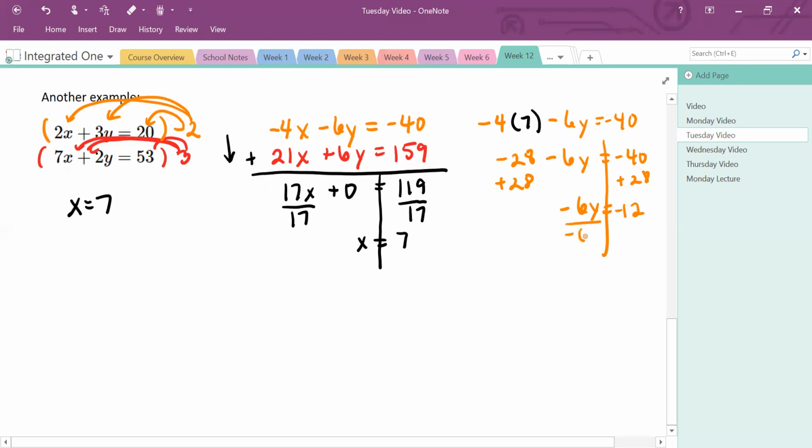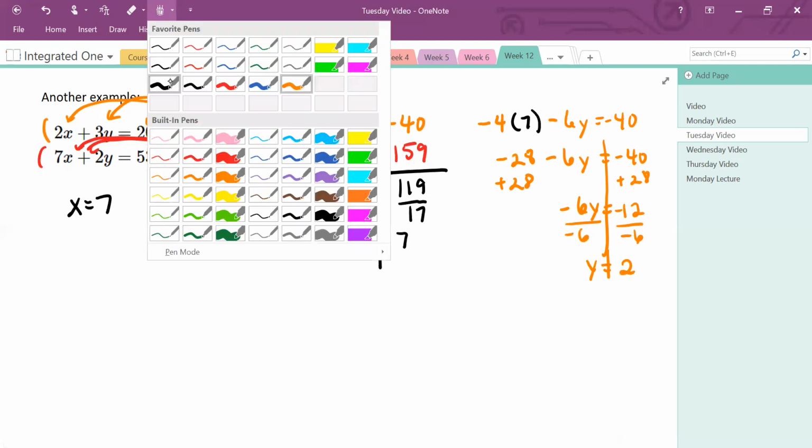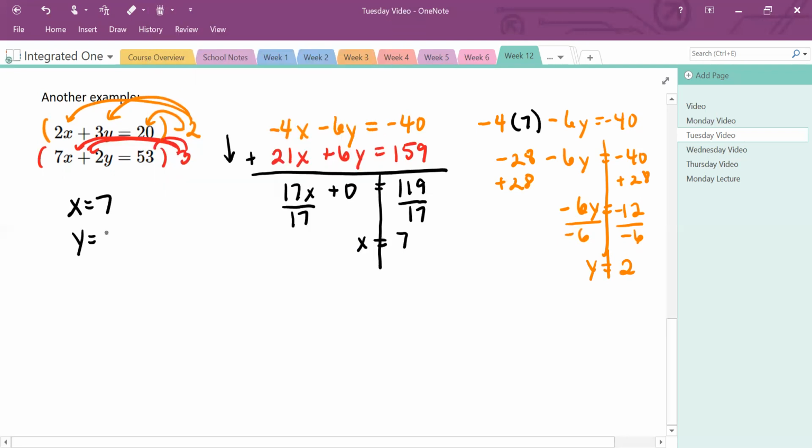Then I'm going to divide both sides by negative 6. y is equal to positive 2. So there's the other part of my solution: x is equal to 7, y is equal to 2. Or again, you can put it in coordinate form, because this is where those two lines cross or meet.